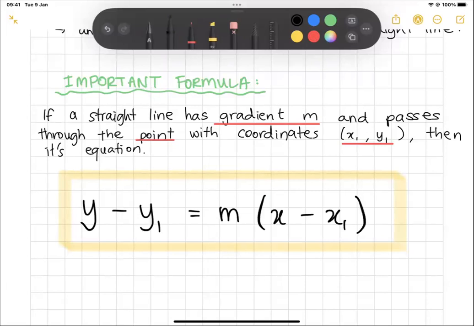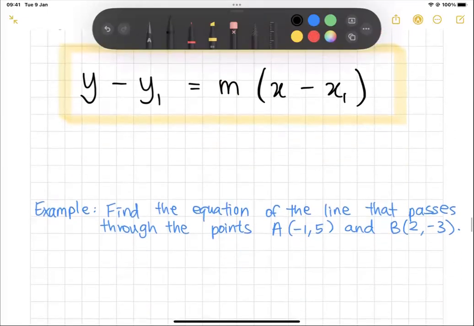So we will use this formula to create an equation when we are given a gradient and a point. Okay, so that's the formula.